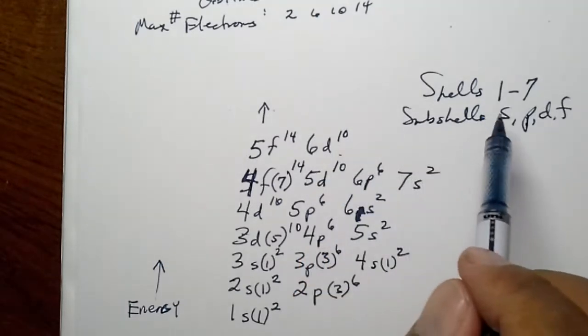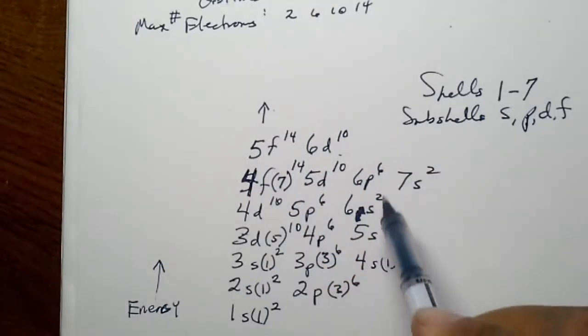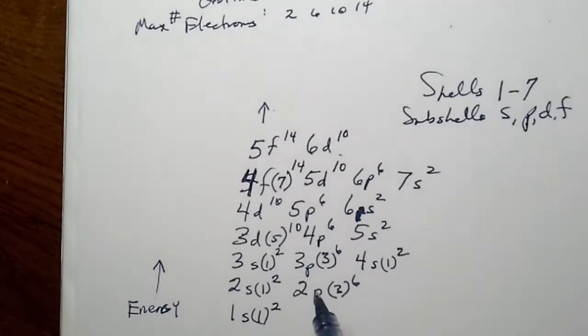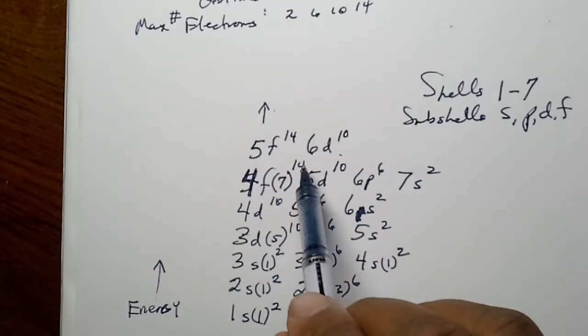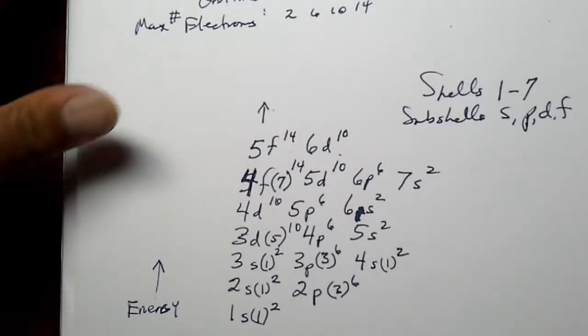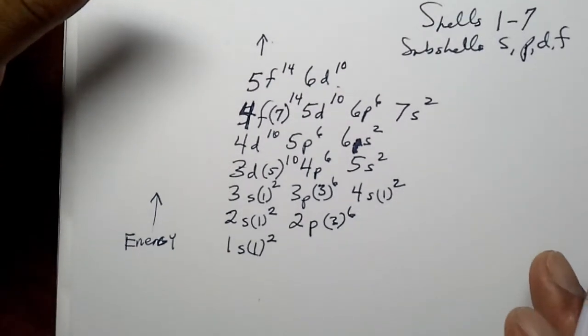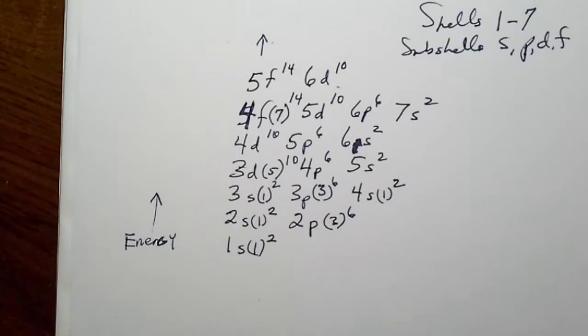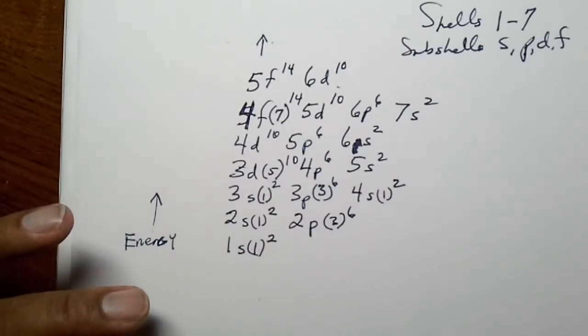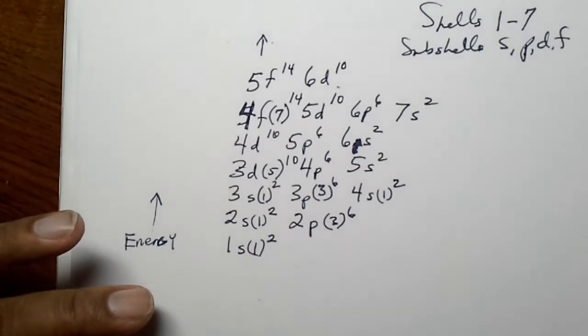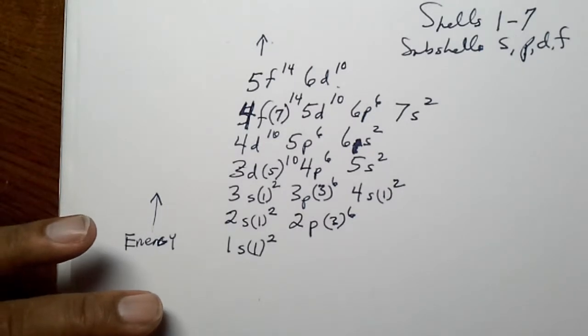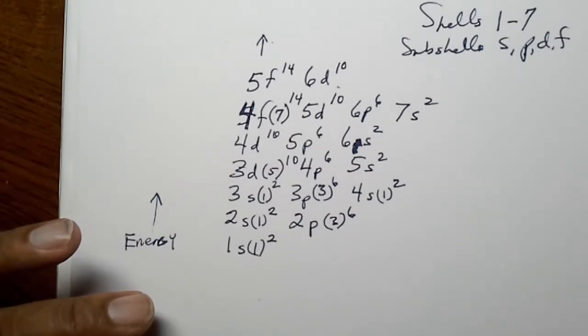But this is the ground state or ground level for all of the electrons up through 7s, and you will need to know this in order to answer questions like what is the electron configuration for an element that has 53 electrons.